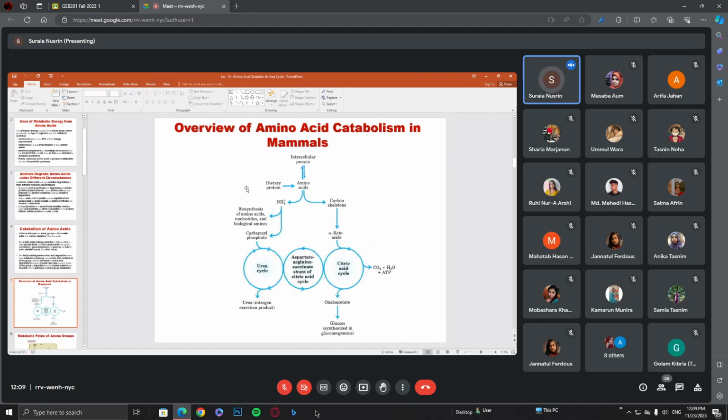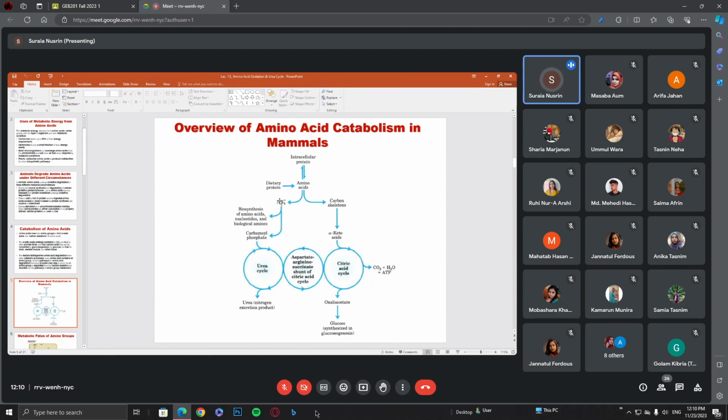The amino group can be used for biosynthesis of other nitrogen containing biomolecules such as again amino acids, nucleotides or biological amines. Or the amino group can be catabolized by a catabolic pathway, particularly in mammals, the urea cycle.